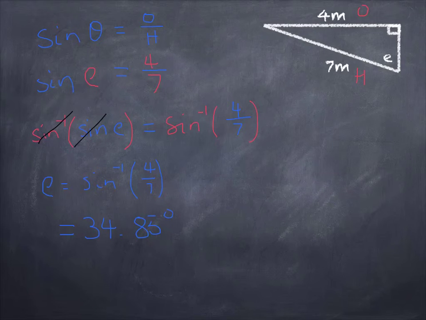And as I said before, you can have decimal degrees, or you can write your degrees with minutes and seconds, which in this case gives us 34 degrees and 51 minutes. Seconds are rounded nicely to 0. Beautiful! Job done. That's our unknown angle E.